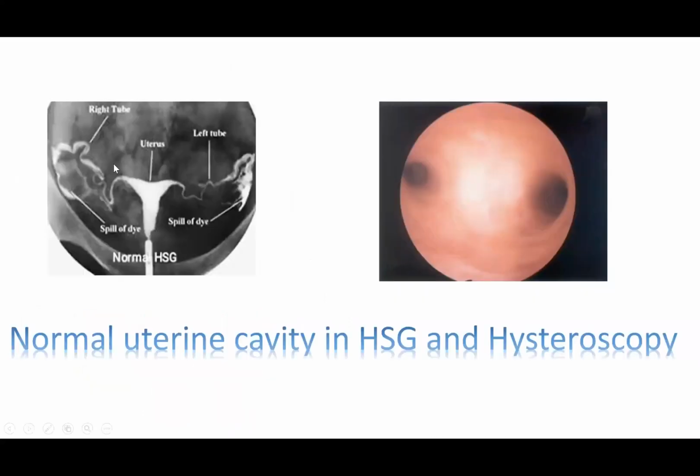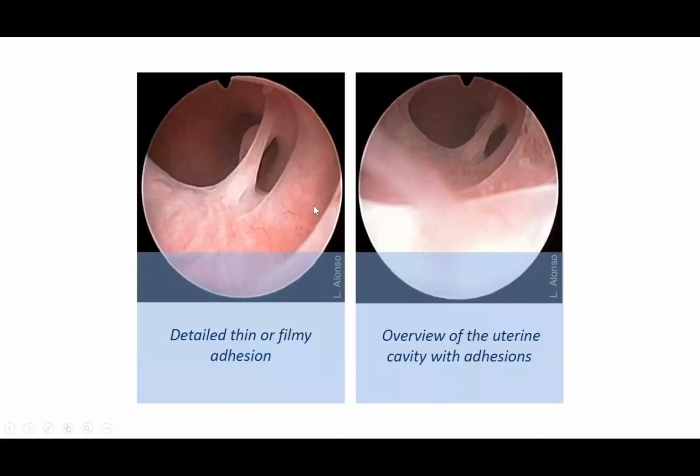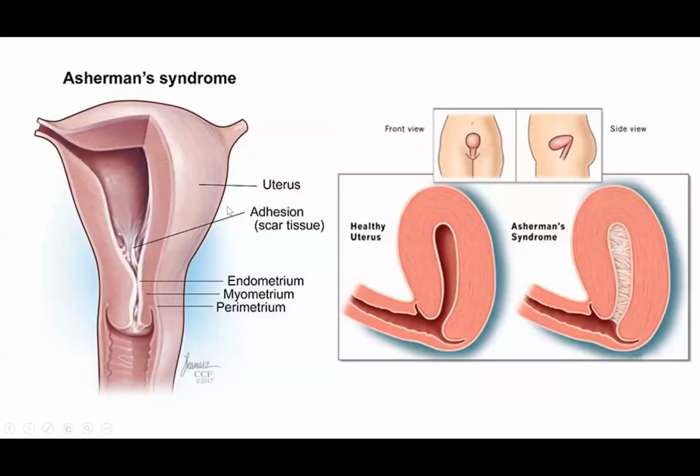As you can see, here is a normal uterine cavity, like an inverted triangle on hysterosalpingogram, and this image shows a normal cornu where we find the openings of the tubes through hysteroscopy. However, in these hysteroscopic images, you can see that there are adhesions within the endometrial cavity.